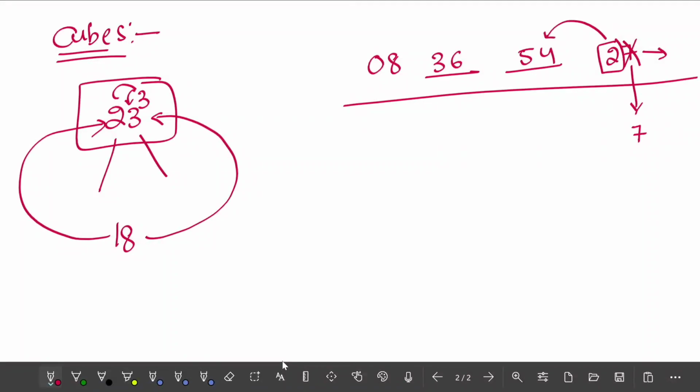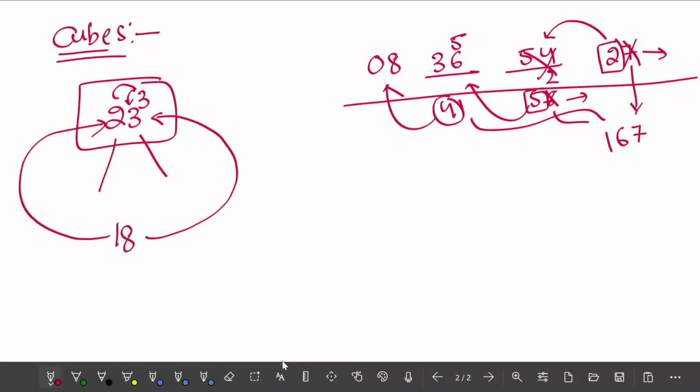So 2 vacated that house and came here. Now this became 56. There are 54 members. Now this guy came, 50 to 56. And now to the right of 6, there is no one. So 6 also commits suicide. Now that's a dead house again. And 5 goes here. Now this is 41. 1 commits suicide. 4 goes here. Now 4 and 8 when added, that gives 12167. Answer. Take it.